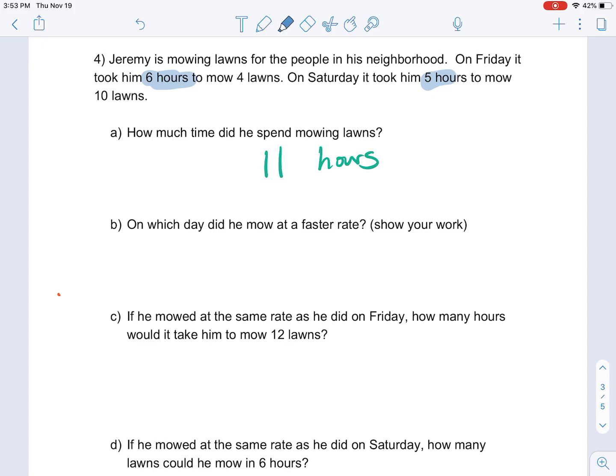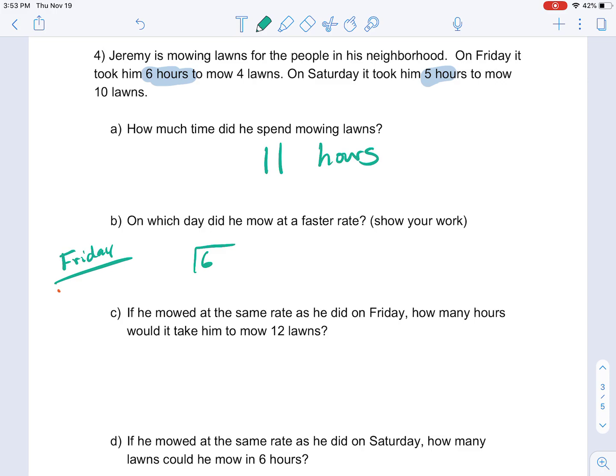Show your work. Let's figure out the unit rate for Friday. On Friday, it took him 6 hours to mow 4 lawns. So we have to divide 6 by 4. 4 goes into 6 once. We take this away and we get 2. We need to add a decimal and a 0, bring my decimal up and drop the 0. 4 goes into 20 5 times.